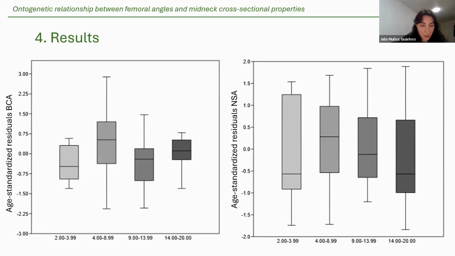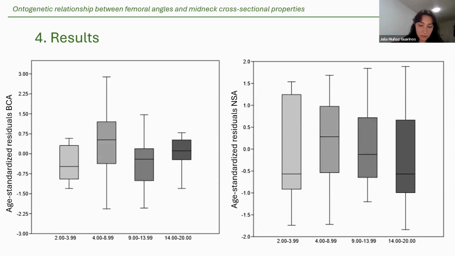So the bicondylar angle, we can see that it increases from birth to 6 years and then stabilizes or decreases during the juvenile transition and increases again during adolescence.